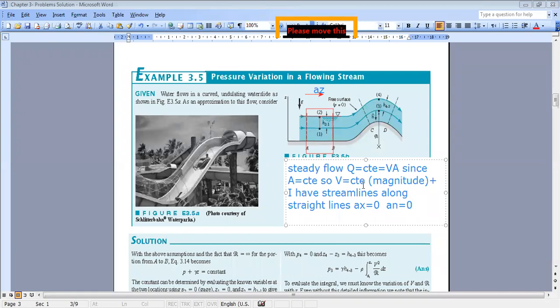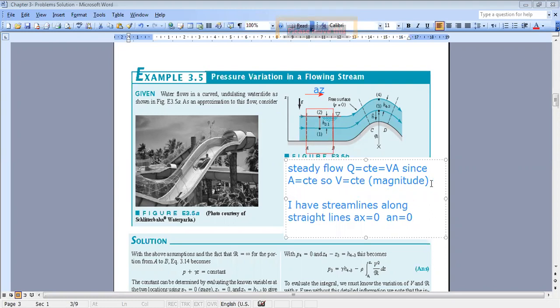And because V is constant, the streamwise acceleration is also 0. You know how we calculate AS: the streamwise acceleration AS is equal to V del V by del S. Since the magnitude of velocity is constant, dV by dS will be 0. So the streamwise acceleration will be equal to 0.